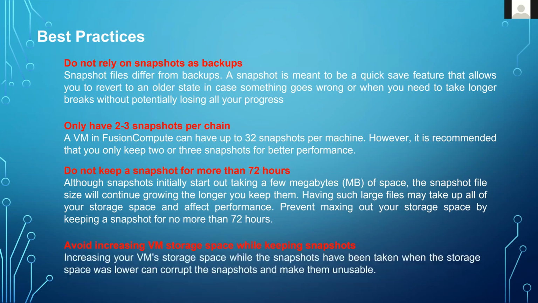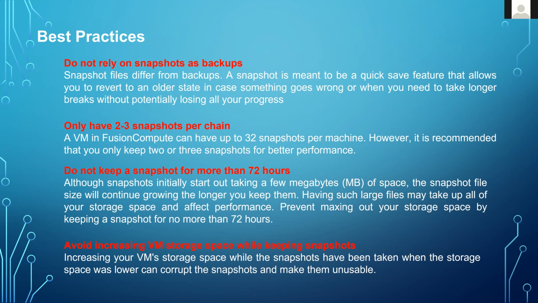And this is another best practice. You have the option to keep 32 snapshots, but please do not keep more than 2 or 3 chains, because whenever you are taking snapshots, there can be space issues on your datastore.